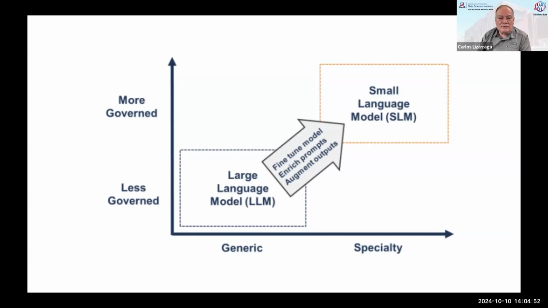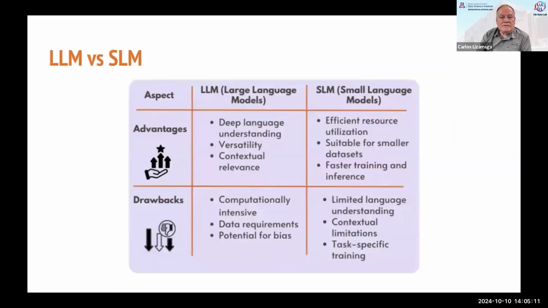So you have a trade-off going from generic, where you have a less governed model, to something that you can govern and also specialize on specific tasks. So these are the family of small language models. And there are some advantages and disadvantages from using the small language models.